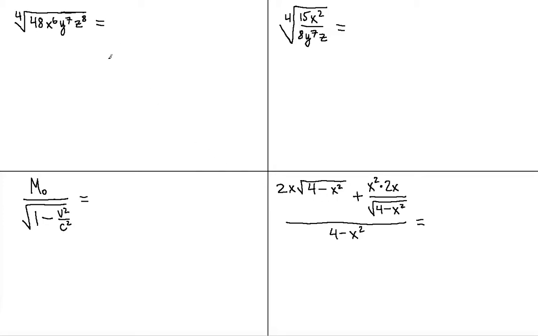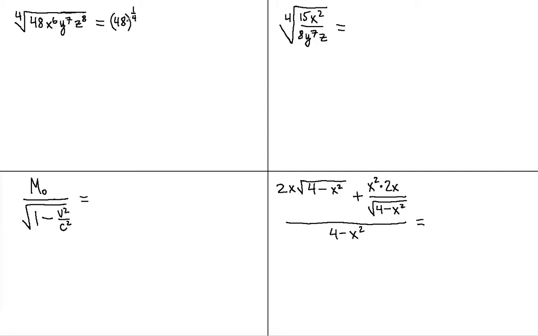Okay, so what do we do with this radical in the first example? Notice that first we can break up all the contents inside the fourth root by playing with the powers, right? You know that the fourth root of 48 is going to be 48 raised to the 1/4 power, right?